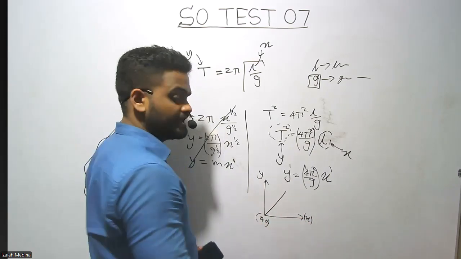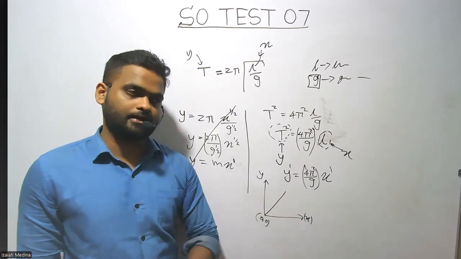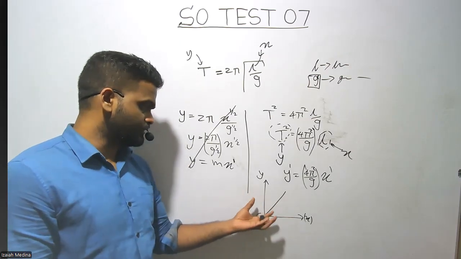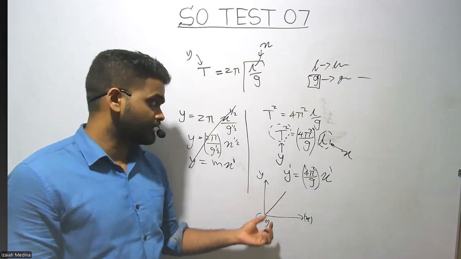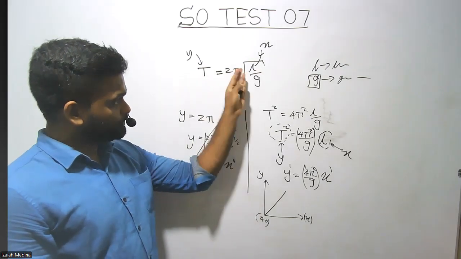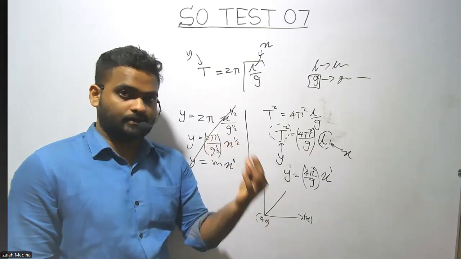So that is a y equals mx graph, right? With these graphs, it is easier to find the gradients and other things. You can easily use this graph once we get a linear graph. So the trick here is we just manipulate this equation into a form that is y equals mx.